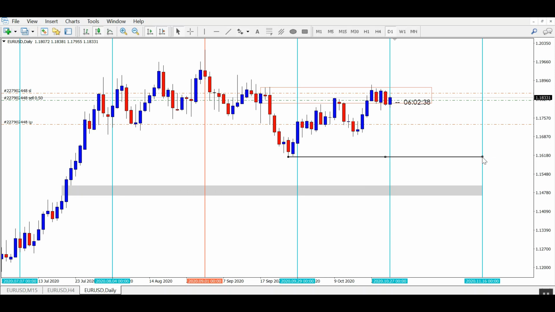And if it will continue to go lower, it will definitely reach the fair value gap that we can see in here.